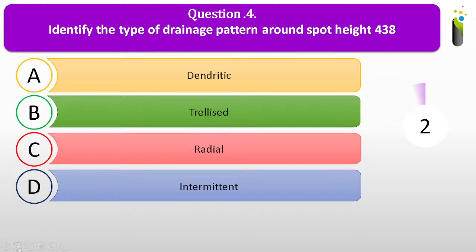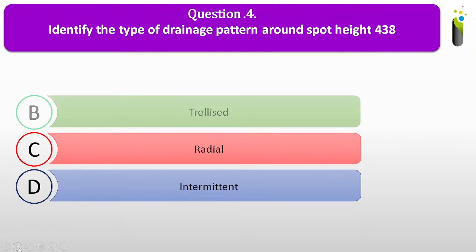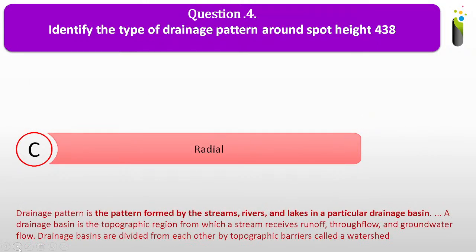And the correct answer for this question is radial, C. A drainage pattern is a pattern formed by the streams, rivers and lakes in a particular drainage basin. A drainage basin is a topographic region from which a stream receives runoff.